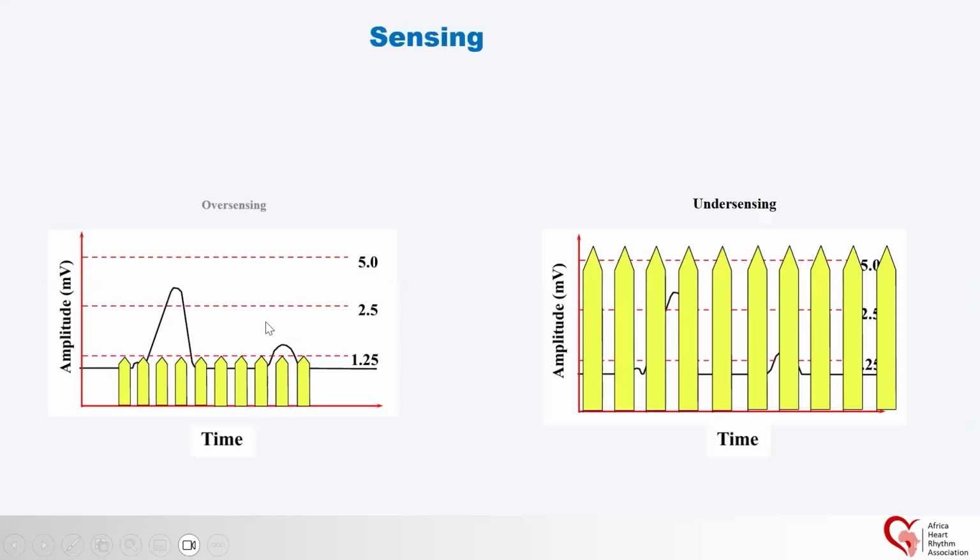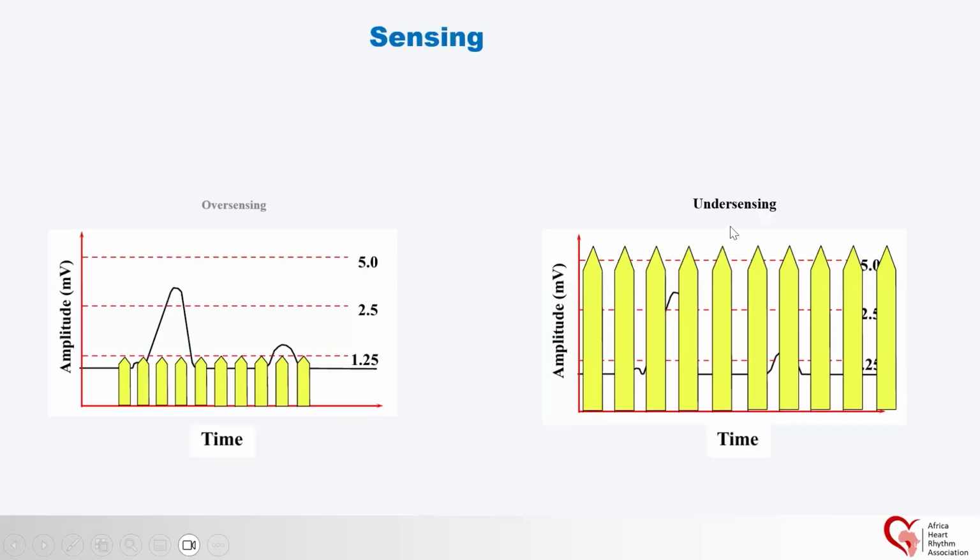It can detect, for example, interference or myopotentials, and this may cause a problem for the patient if the patient is dependent on his pacemaker. This oversensing will inhibit pacing, and this may be very dangerous for the patient.